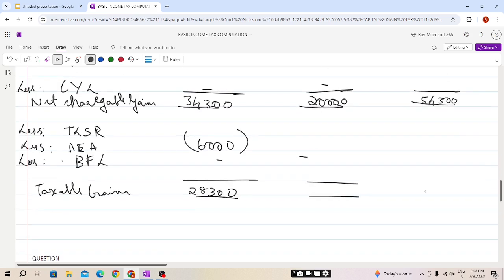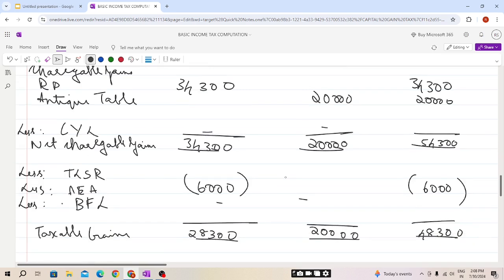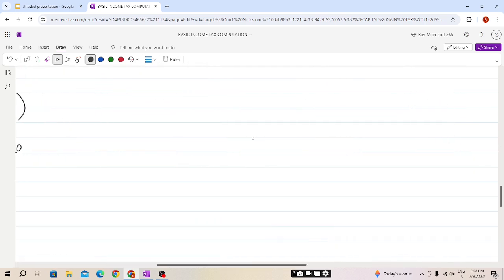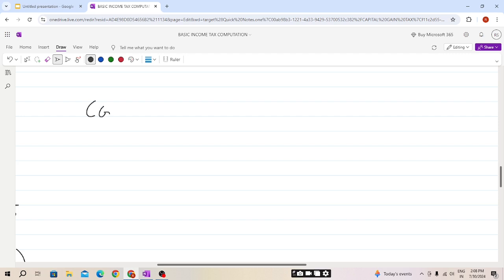Let's make a total column also, students. 54,300 less AEA, this will give rise to 48,300 and this is 20,000. Now students, we have done till step number 4. Step number 4 is done. Now coming to step number 5, that is CGT calculation, capital gains tax.